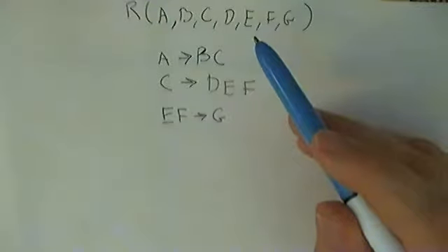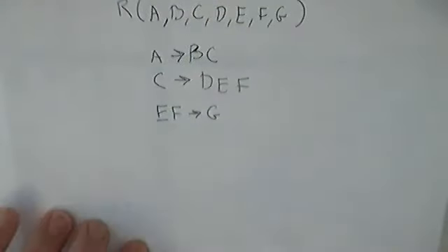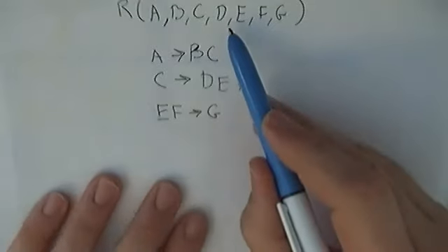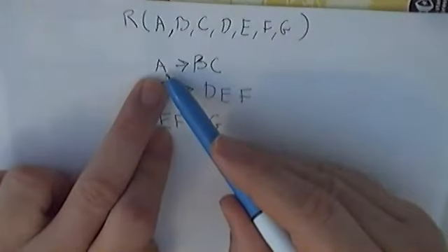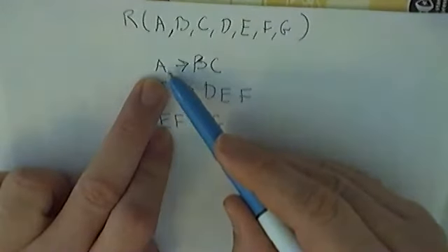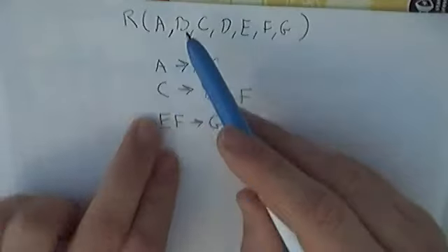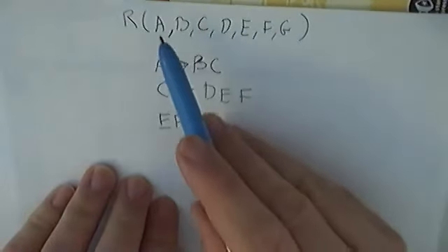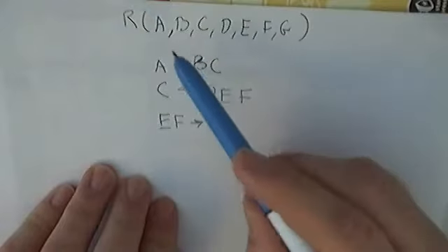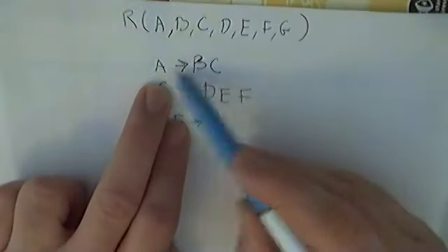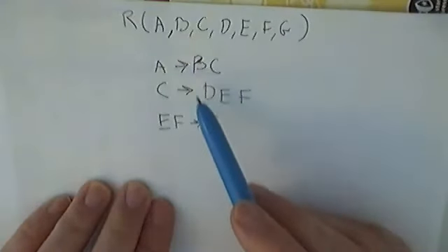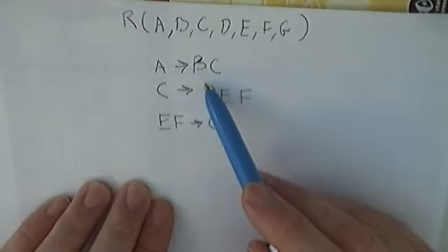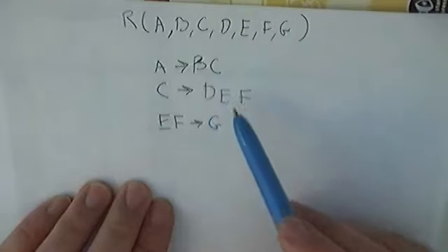Now let's start with the trivial. First of all, is A a superkey of this relation? With A, can I get all the other attributes? Well, I can get B and C, and I can get... I'm sorry.